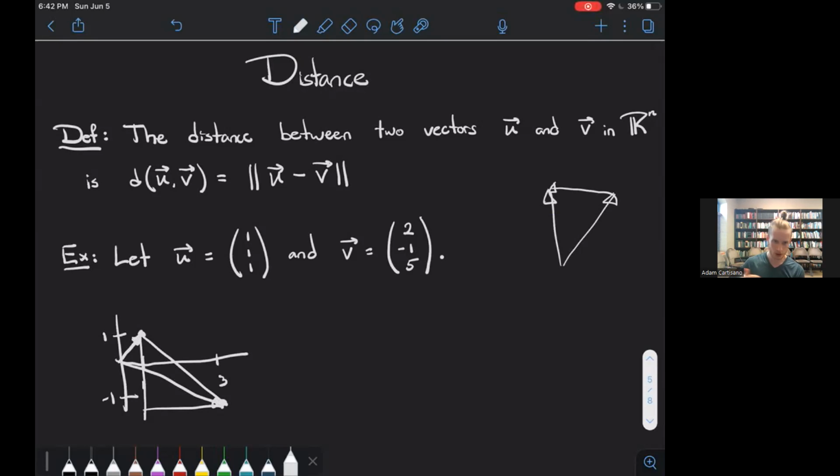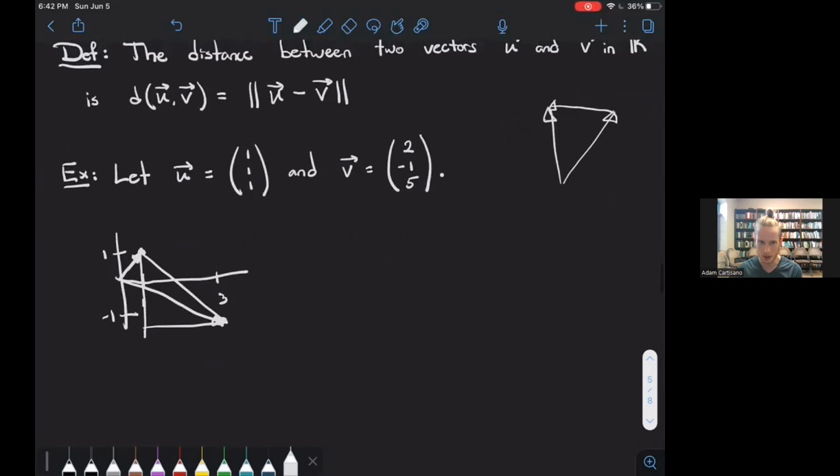So let's do a 3D example, which I'm not going to draw because that's a little bit beyond the scope. But let's take a look.